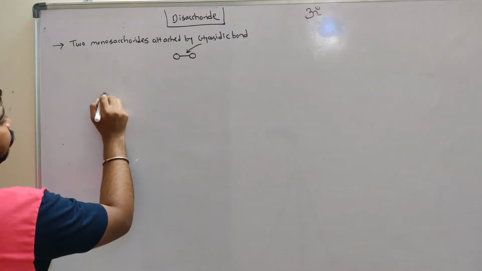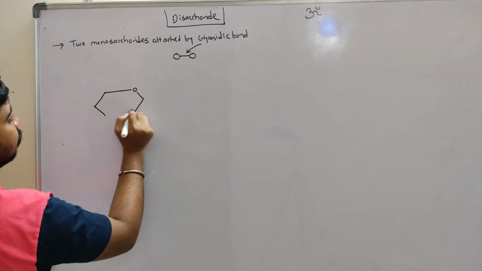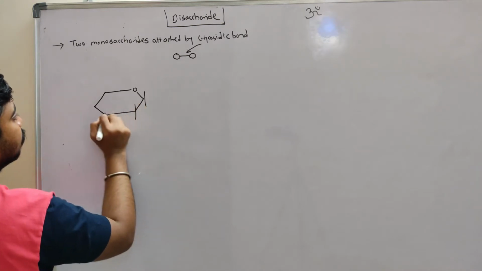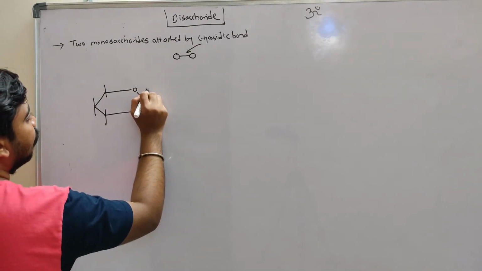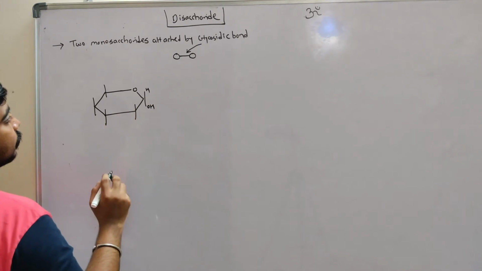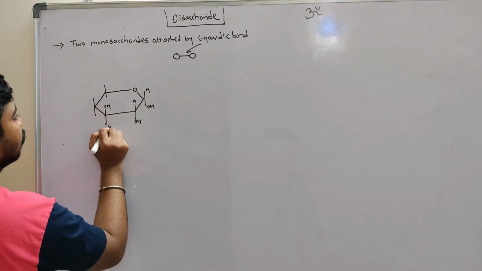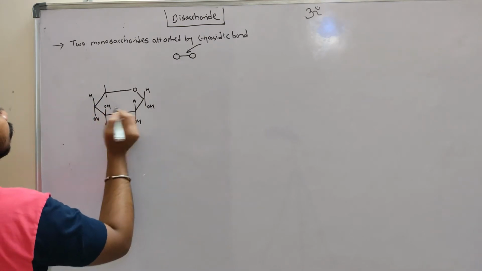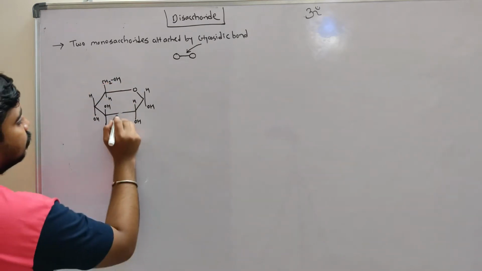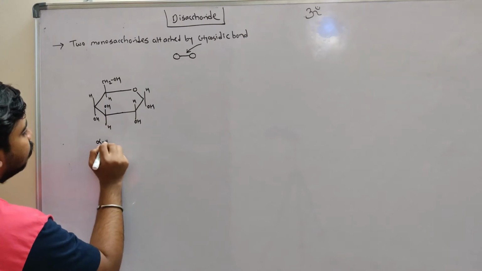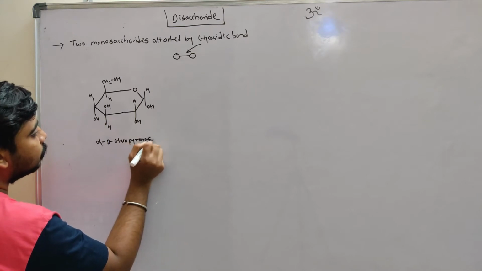So alpha D glucose, how does it look? As I said, alpha, H and OH. This is alpha D glucopyranose.